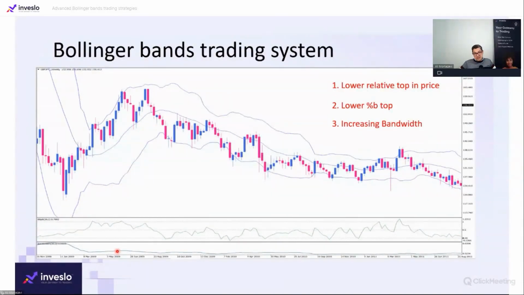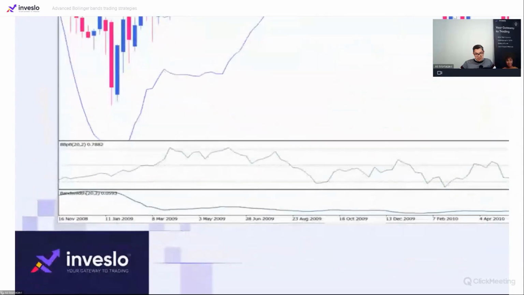The bandwidth is at the level of the squeeze as well, and that means the bandwidth shows the bands are narrow.